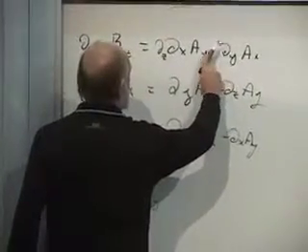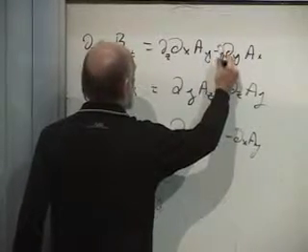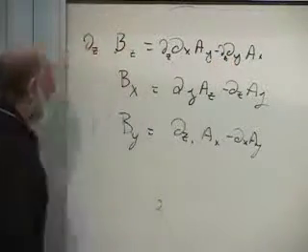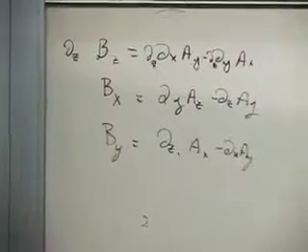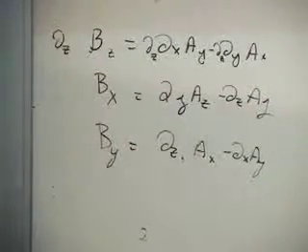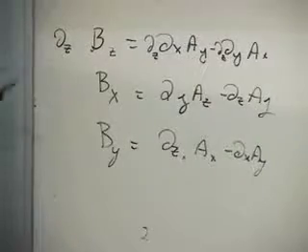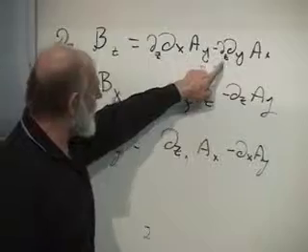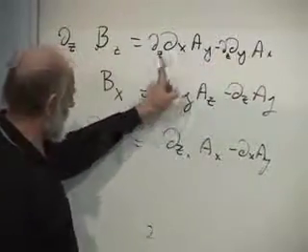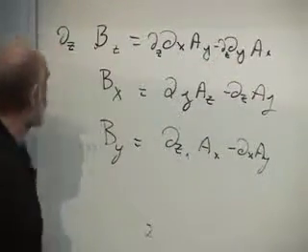Ax, Ay, and Az all depend on all the coordinates. So we get dz dx ay minus dz dy ax. This means multiple derivatives, second derivatives.